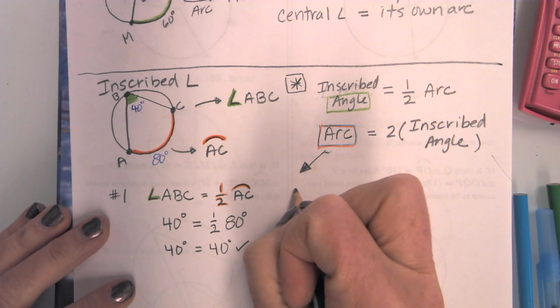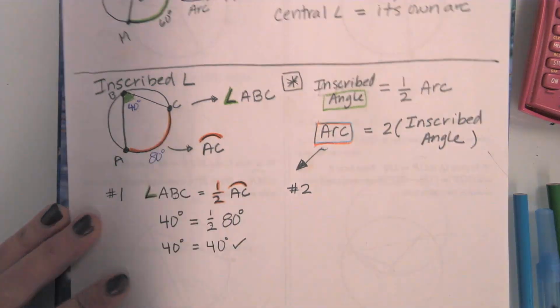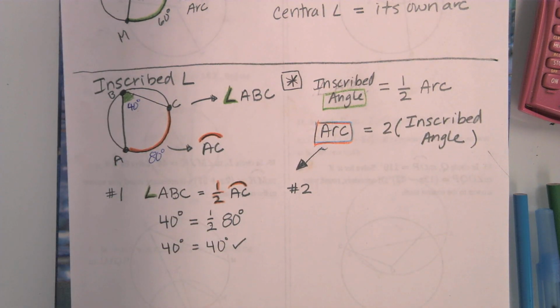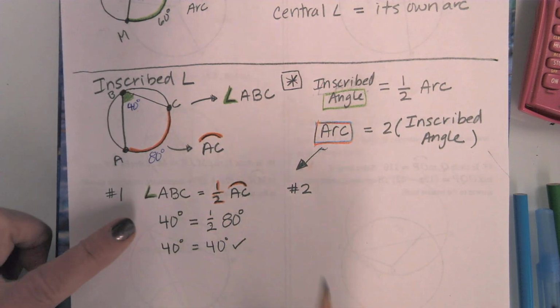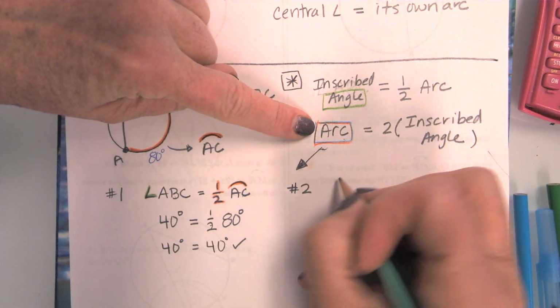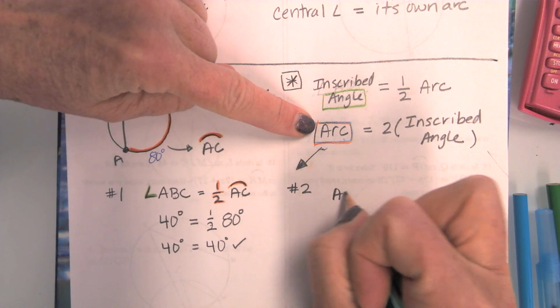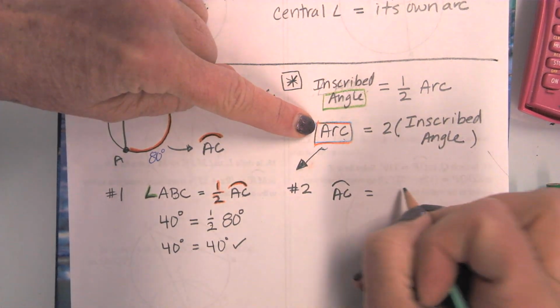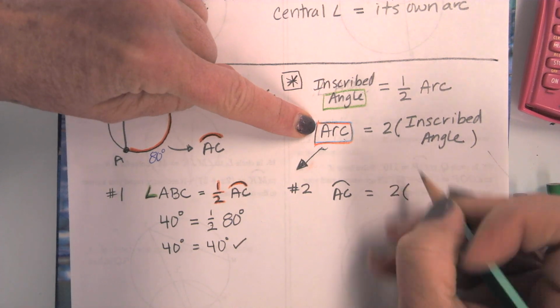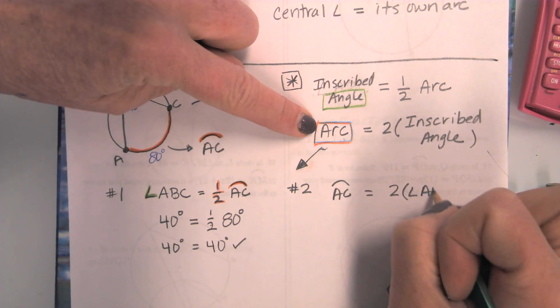Now the other way we can do this, because you're going to have to choose what formula works for you. I can also do my arc. I know that AC is equal to 2 times angle ABC.